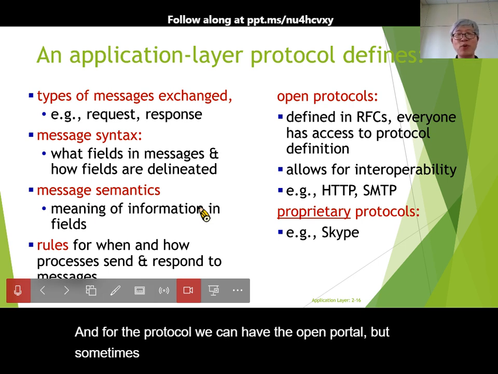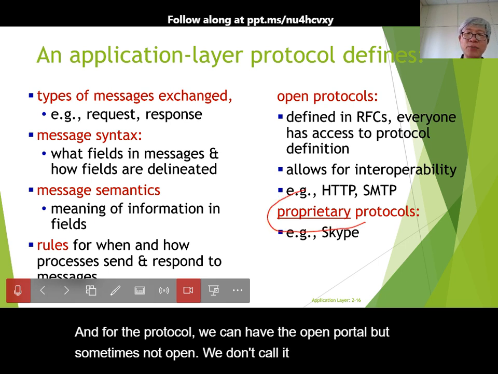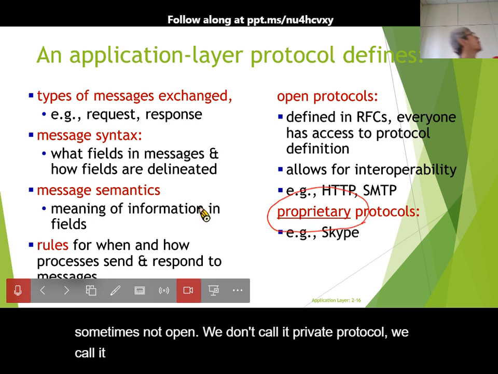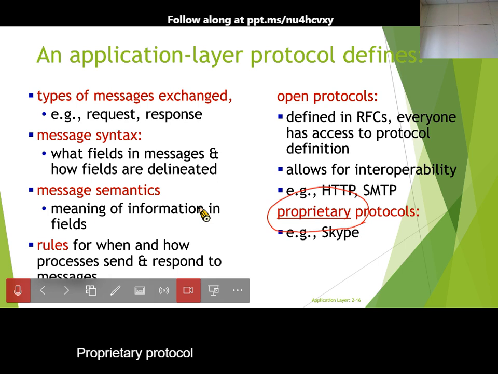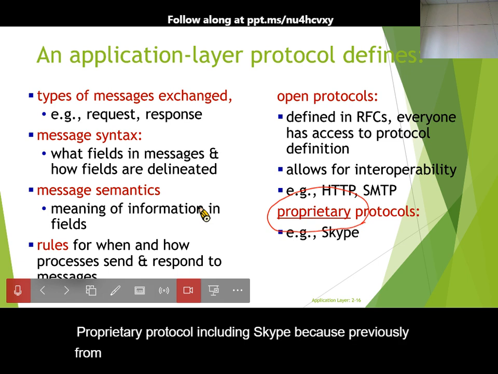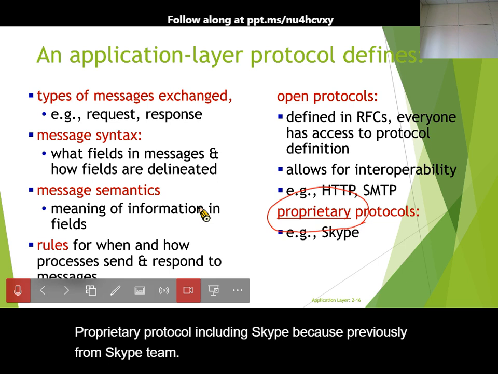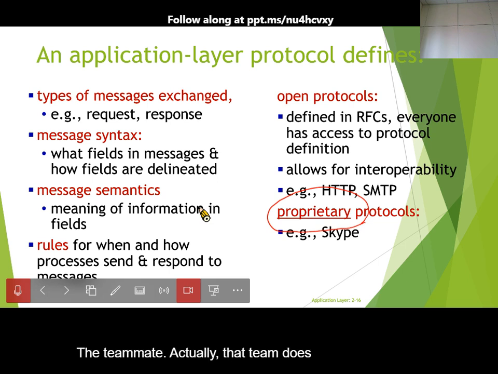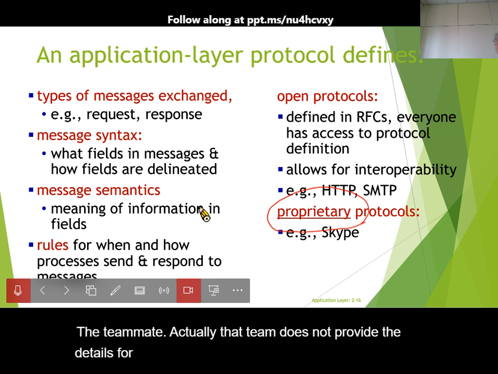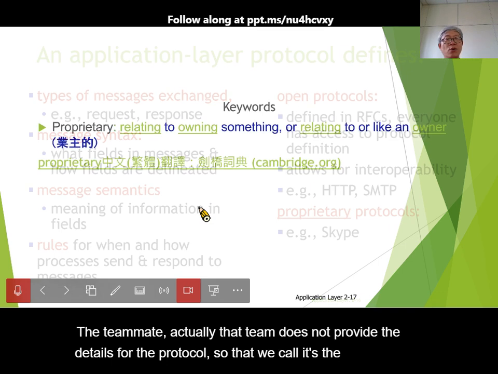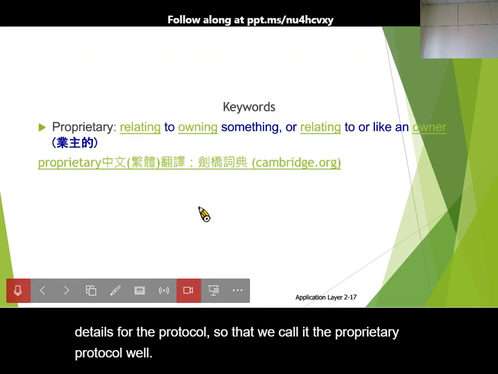We don't call it a private protocol, we call it a proprietary protocol. Proprietary protocols include Skype, because the Skype team does not provide the details of the protocol, so we call it a proprietary protocol.